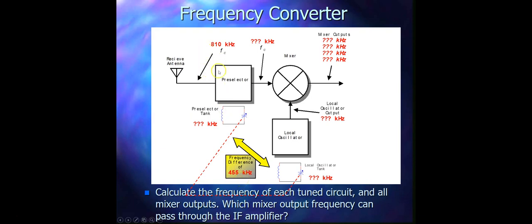Now here the incoming signal is 810 kilohertz, so we can make a guess by this value, because we want FIF here 455. So if you do the math, then you will get the value for this local oscillator.